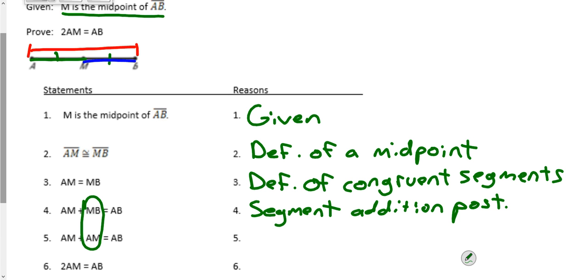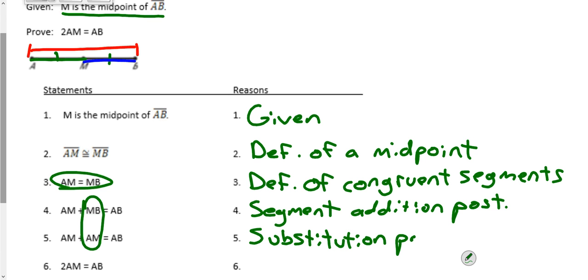Well, we know AM equals MB from right there. So we're able to substitute AM in for MB. So we just did the substitution property.